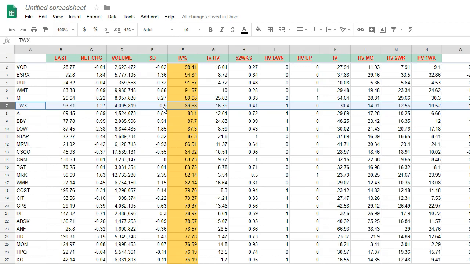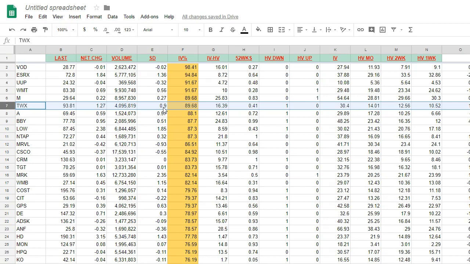The way I trade strangles, I use probability of in the money. If you don't know how to calculate the probability of in the money of any stock or strangle, well, a strangle is selling.